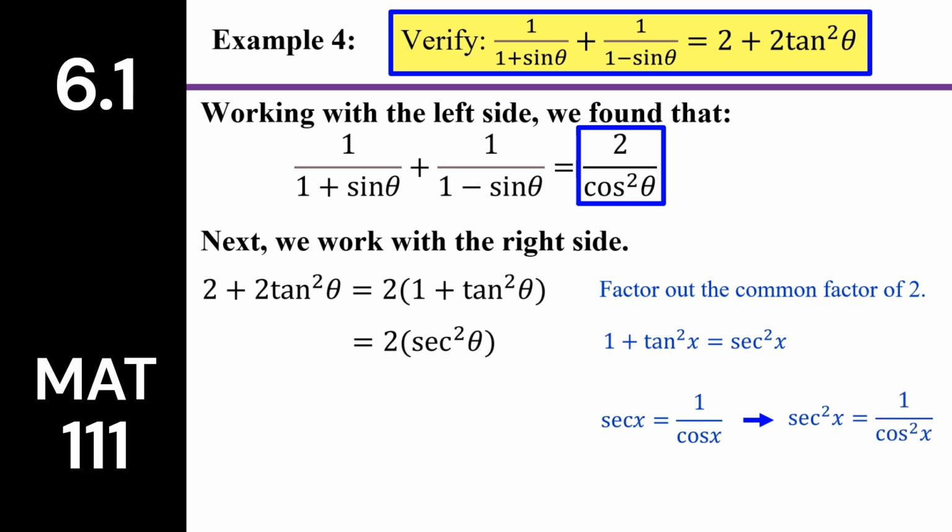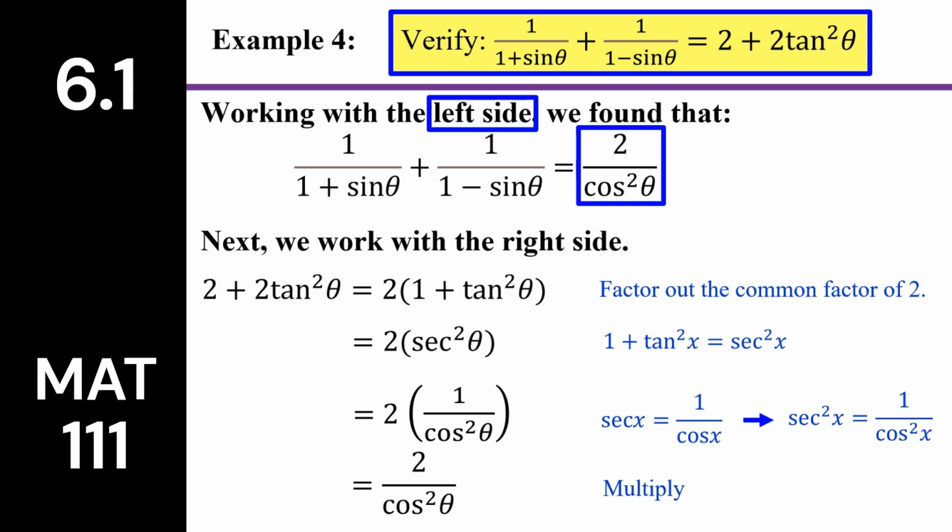We'll square both sides, and we can replace the secant squared with 1 over cos squared. We then multiply that out, and that gives us 2 over cosine squared. So we have verified this identity, because the left side is equal to the right side, which both are 2 over the cosine squared. To verify this identity, we simplified each side independently, and we obtained the same expression.